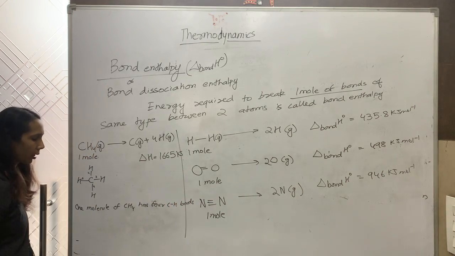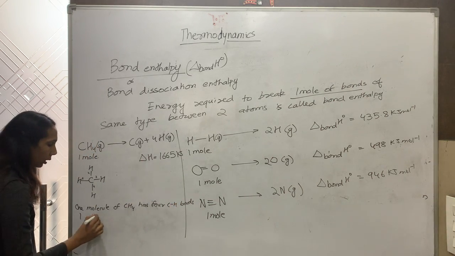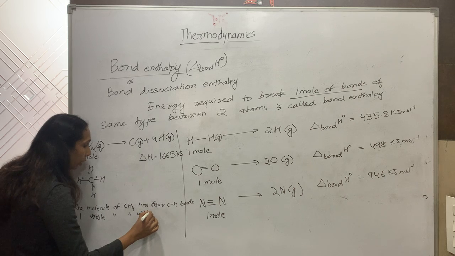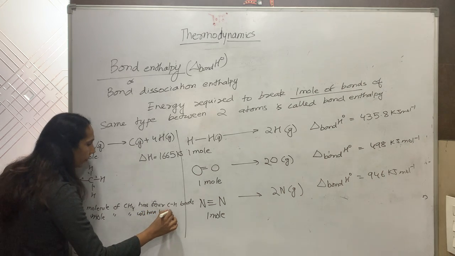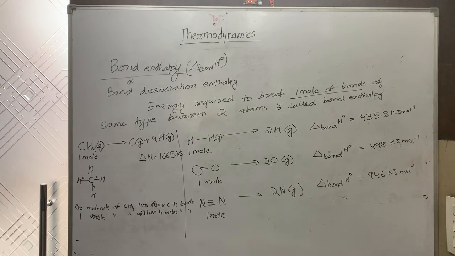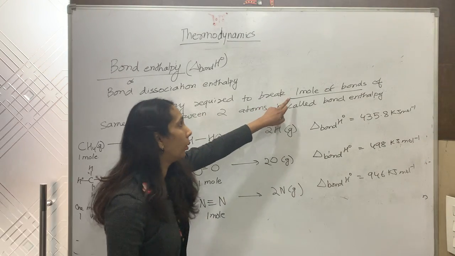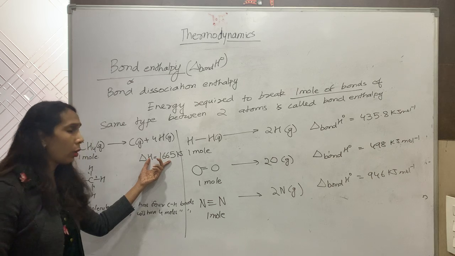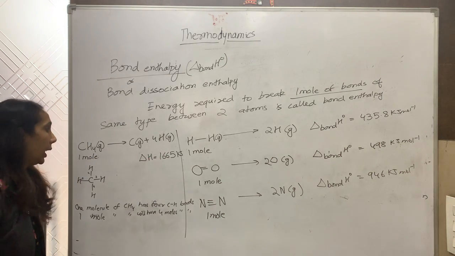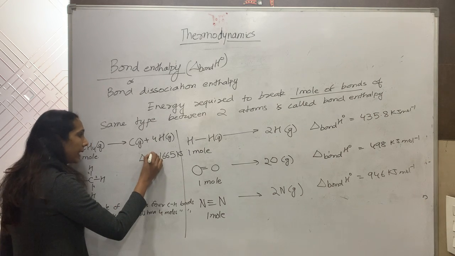So 1 mole of methane will have 4 moles of C-H bonds. And you know bond enthalpy is the energy required to break 1 mole. But here how many moles are being broken? 4 moles. So it is not bond enthalpy. This is enthalpy of atomization.